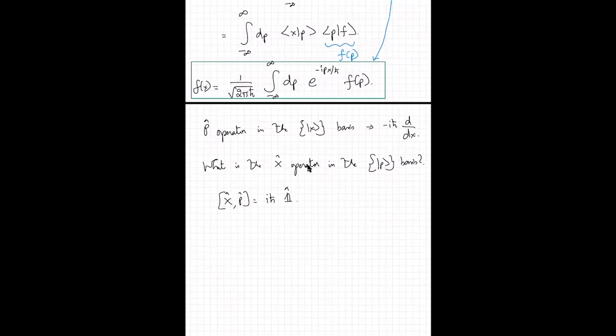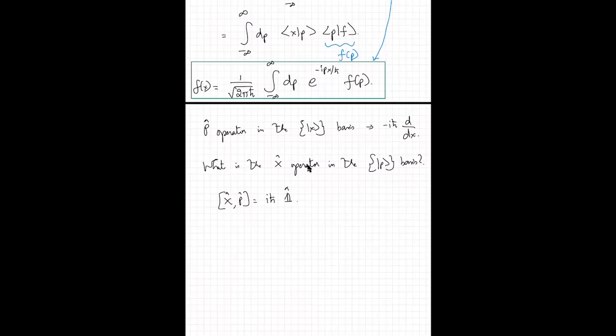So to understand it, you start with this fundamental commutation relation and sandwich it between a p on the left and a psi on the right. The right hand side is pretty straightforward. It's the overlap of p with psi, basically the components of the vector psi along the p direction. So this is i h bar psi of p.